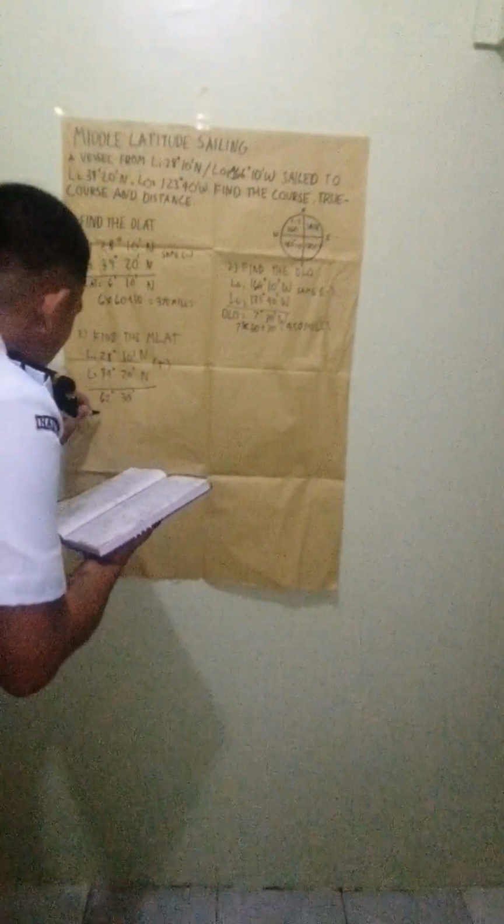To find MLAT, you must add, which gives 62 degrees and 30 minutes, and divide by 2. The MLAT is 31 degrees and 15 minutes. That's your MLAT.